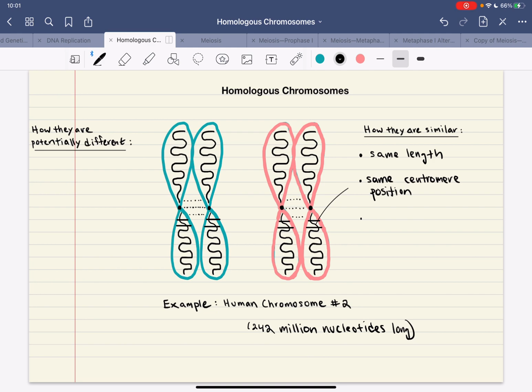And there's one more way that they're similar. You can't see it, but it's the most important of the 3. And that is that these chromosomes within the pair both contain the same exact genes. Not only that, but those same genes are located at the same positions along the chromosome.